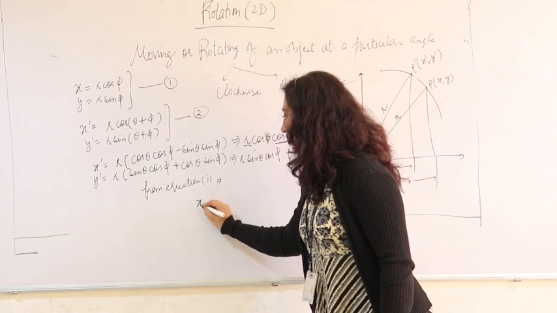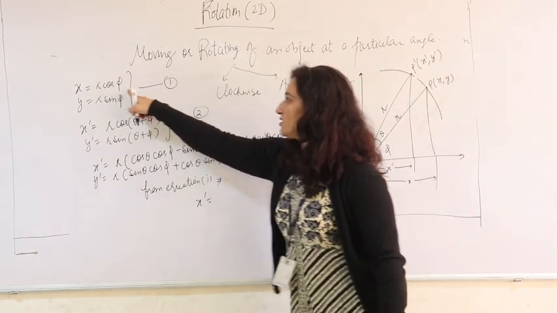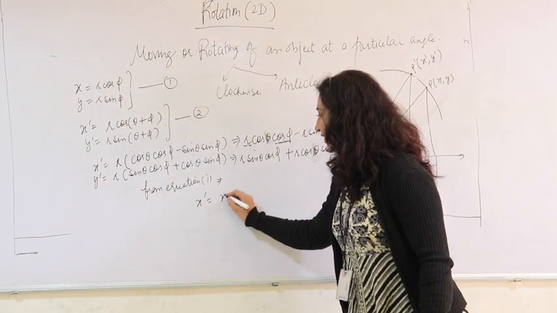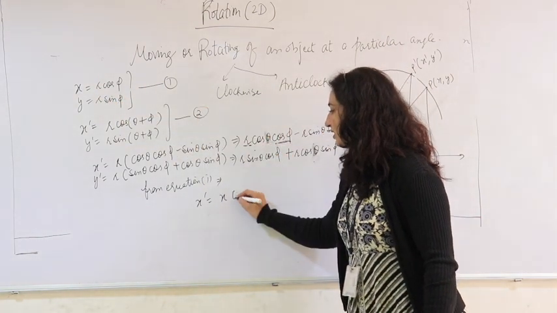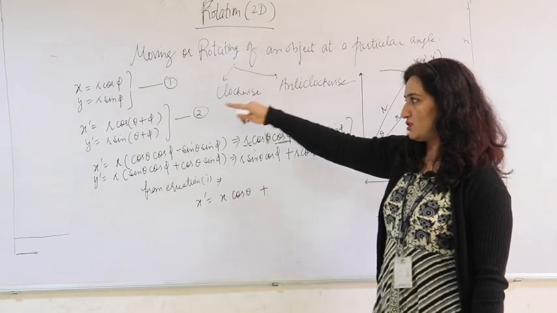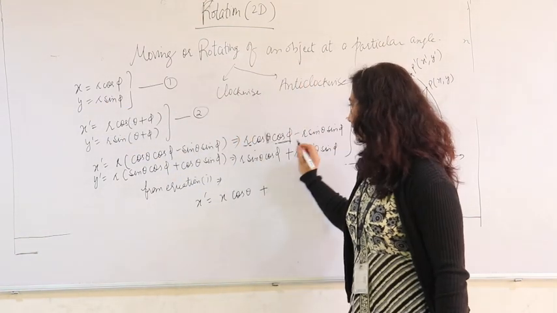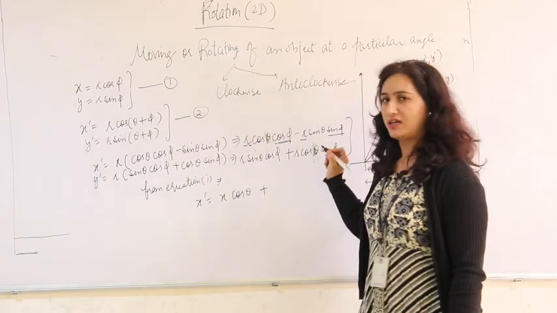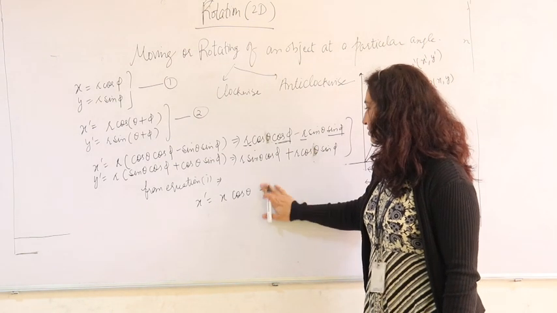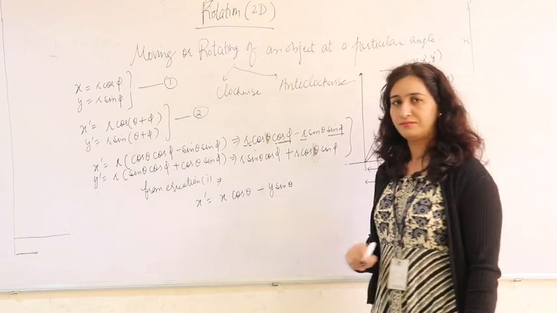Clear? So x dash is equal to r cos phi, which is equal to x. So I can write x cos theta plus, from equation 1, r sin phi is equal to y, so minus y sin theta.